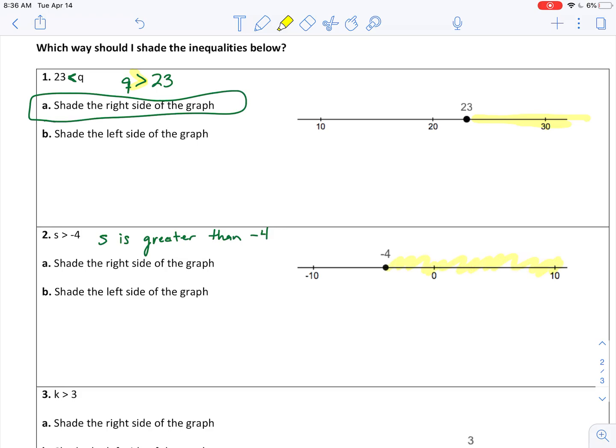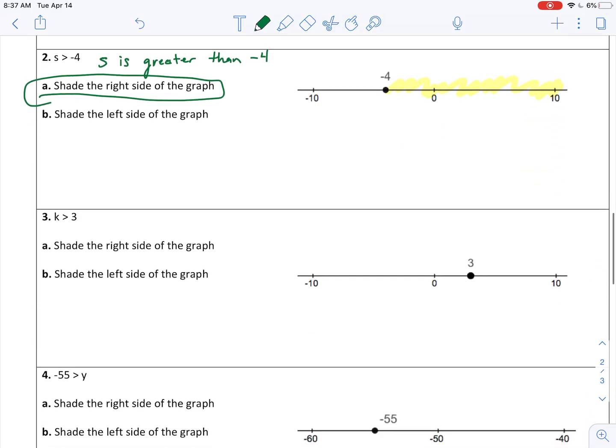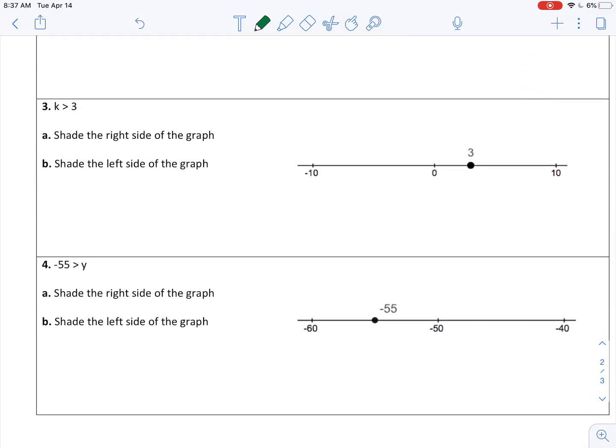Because remember, this symbol always opens up toward the bigger number. So s is greater than -4. So I'm going to find the numbers that are greater than -4. Well, 10's bigger than -4. 0's bigger than -4. Which tells me I'm shading to the right side of the graph.